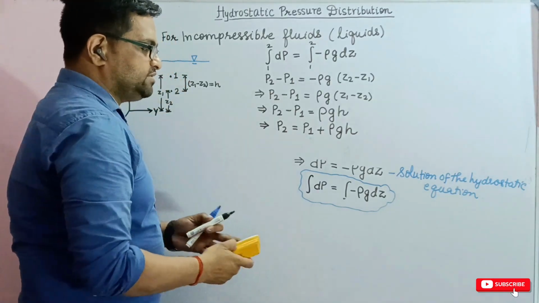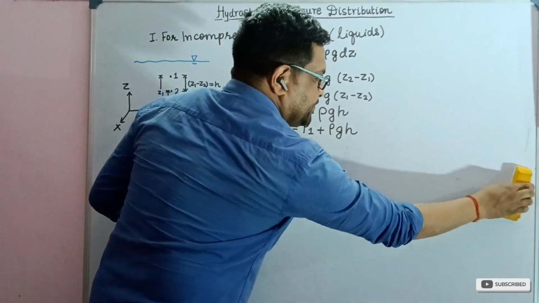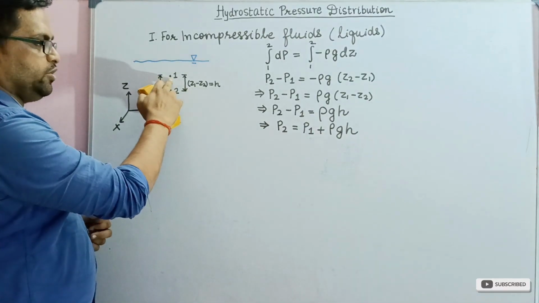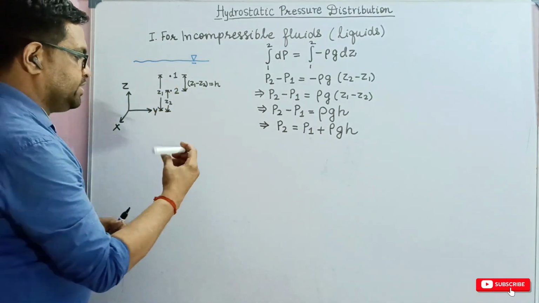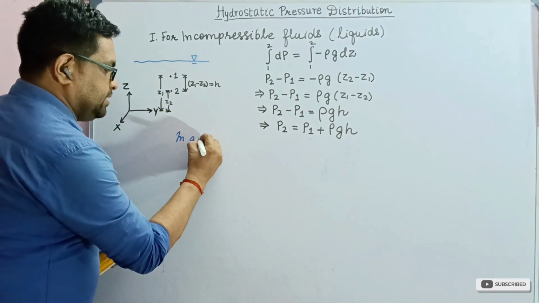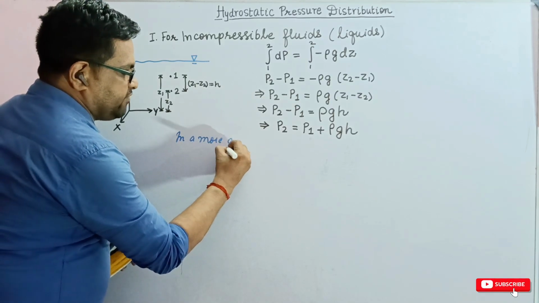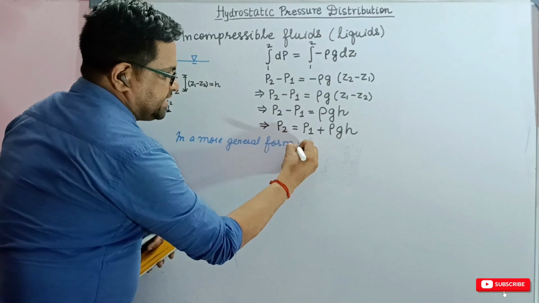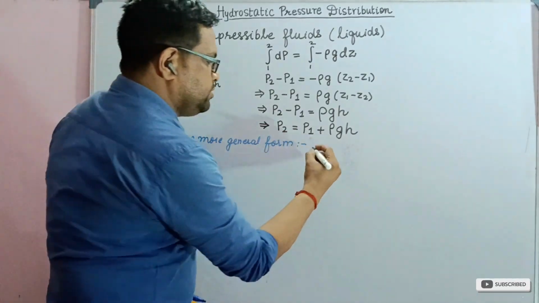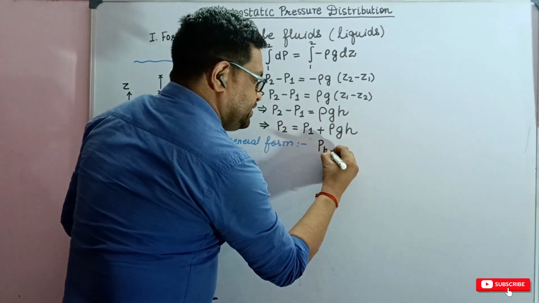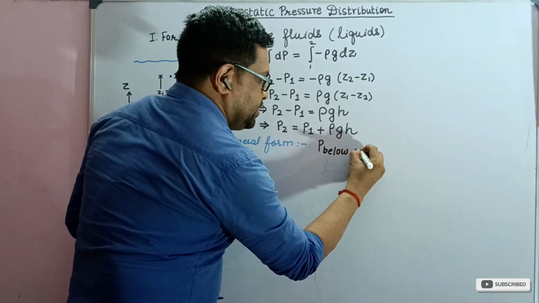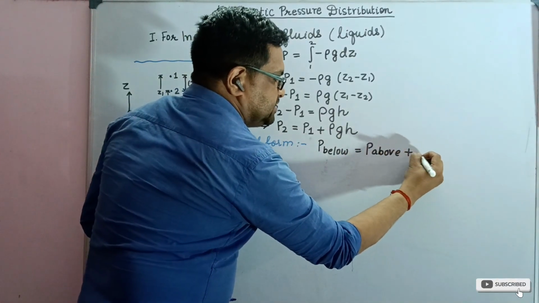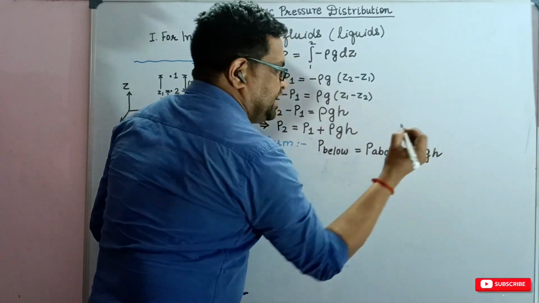In a more general form, since this point 2 is a point below point 1, we can say that P below is equal to P above plus rho g h.